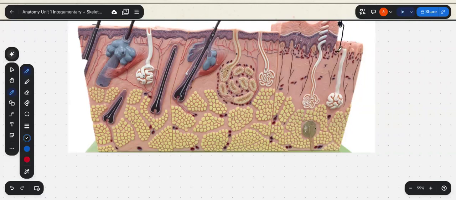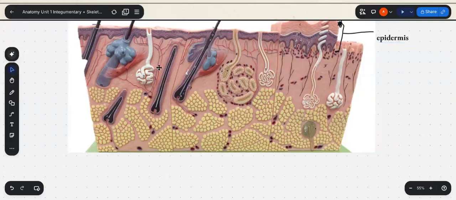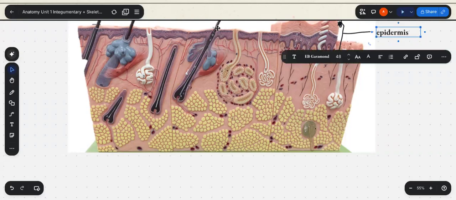Over here where this bracket is, this would be considered to be your epidermis, the most superficial layer. It is where your hair is going to come out of and all of those little factors.